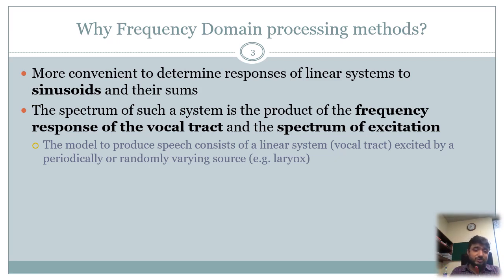Although this is not mutually exclusive, and both of them have characteristics of the other as well, one useful step for us would be to come up with a mechanism of separating the source from the filter from the resultant signals. That's one of the things that we will be focusing on, and frequency domain methods really help us in doing so. That's the basic idea of where we are going with this. We're going to take the speech waveform, take it back to the frequency domain, and then try to separate out the source from the filter.